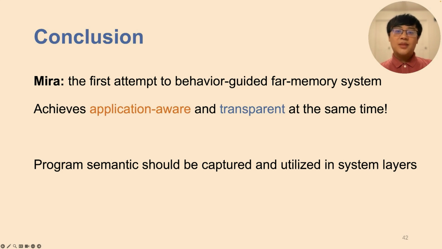We need program semantics to be captured and utilized at system layers to be able to actually build performance-optimized systems. Mira demonstrates that co-designing compiling, profiling, and analysis could be a good way to achieve this goal, and it could potentially be utilized by many other systems.